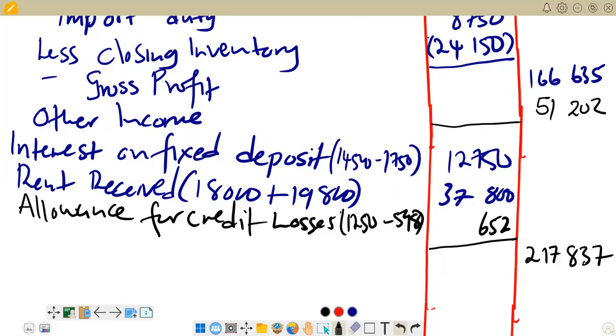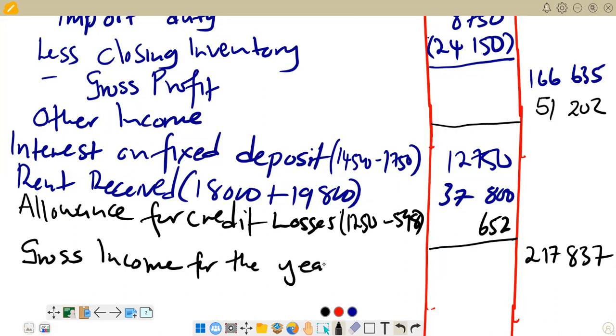So that's what we have there. This figure now, we call it gross income for the year, or just gross income. This is the figure that we are saying, gross income 217,837. Then from there we go to the expenses section.